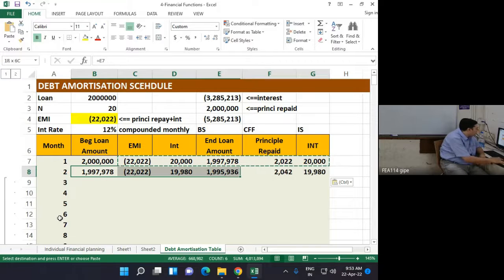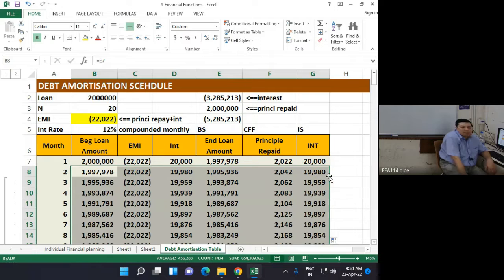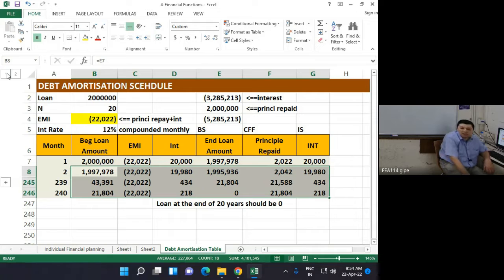Then only month number 2 you select from beginning loan to end to interest, and keep cursor on the right bottom corner. Cursor will turn into black color plus sign. Double click on it. All 240 months will be calculated. Yes. Now here is the button 1 and 2. You can see there. Just click on 1 so that last 2 months will be directly visible.